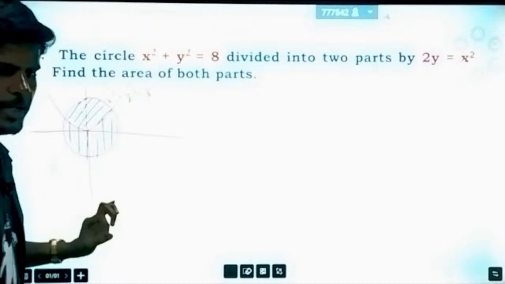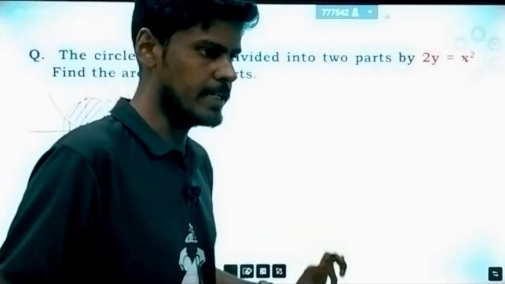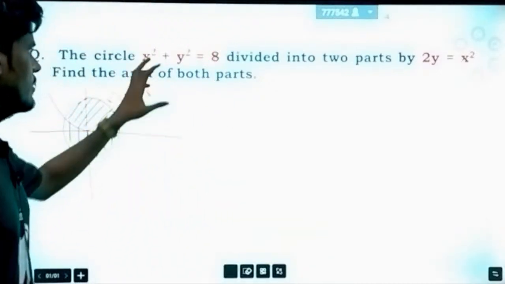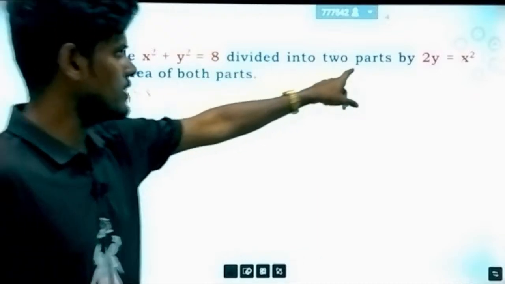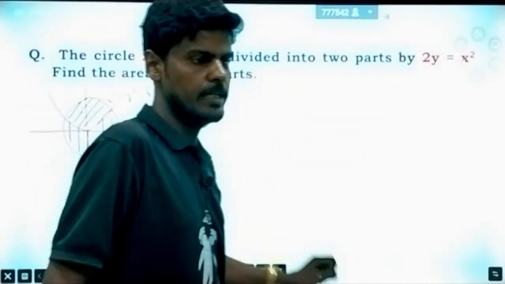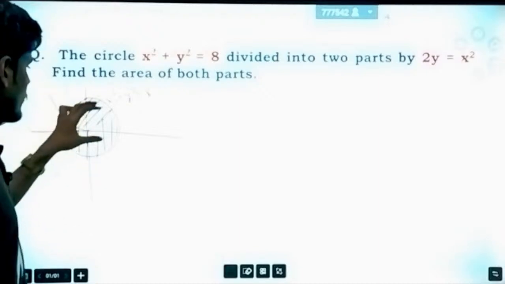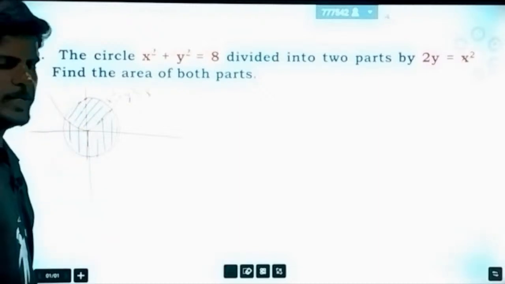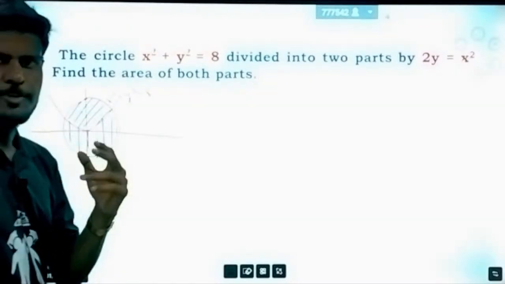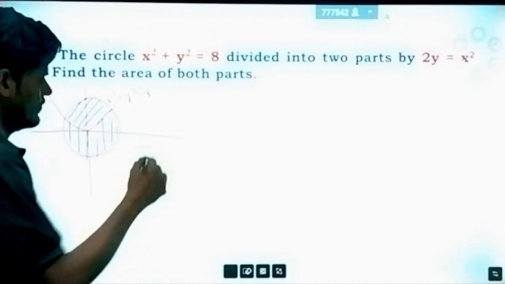Here, this is the curve. I hope everyone can see the curve clearly. This curve is divided by another curve, a parabola, into two parts, and we have to find the area of both these parts. The first step is to find the point of intersection.